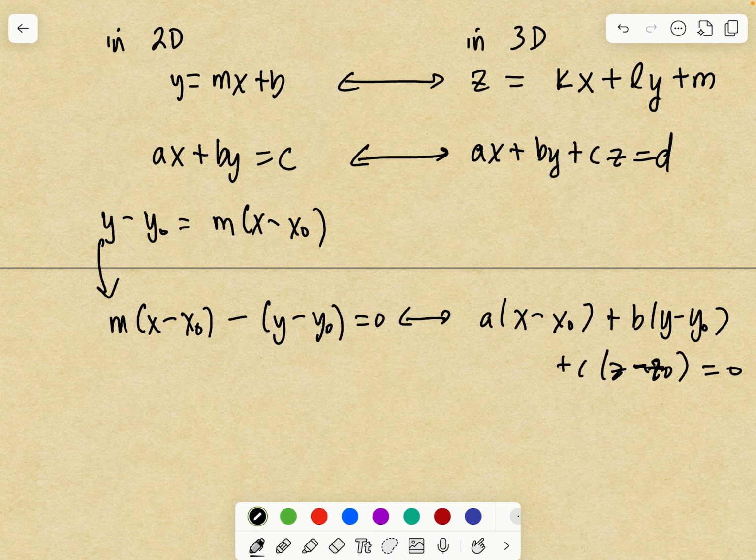So I hope that makes it clearer how these things match up. I mean, I guess you could have something like a times (x minus x naught) plus b times (y minus y naught) equals c if you rearrange things. Equals 0, sorry.